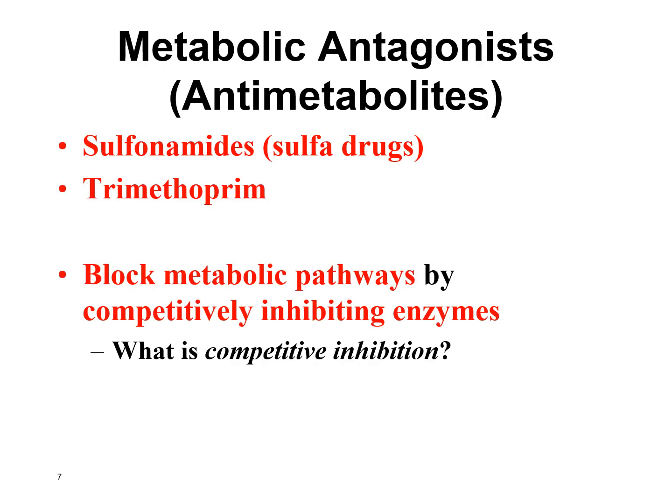Our next group of antibiotics are called metabolic antagonists or antimetabolites. There's two of them in this group: we have sulfonamides or sulfa antibiotics, and trimethoprim. The way that these work is they will block metabolic pathways by competitively inhibiting enzymes.